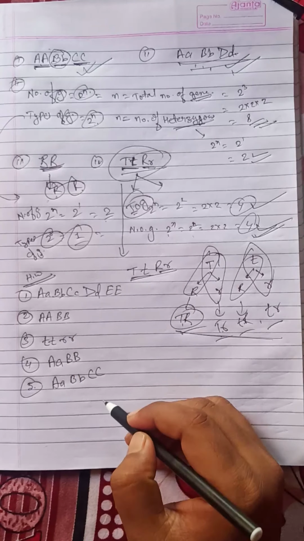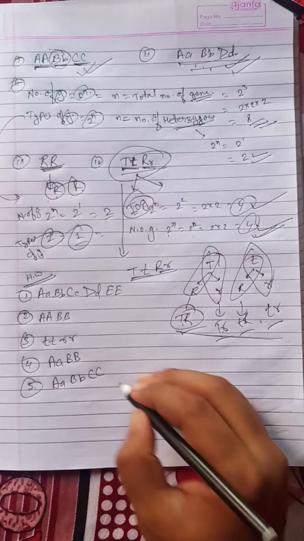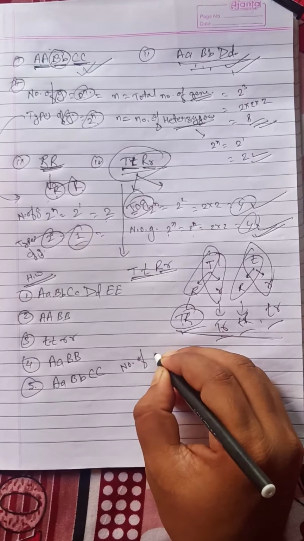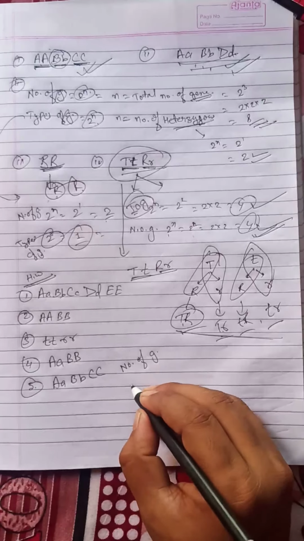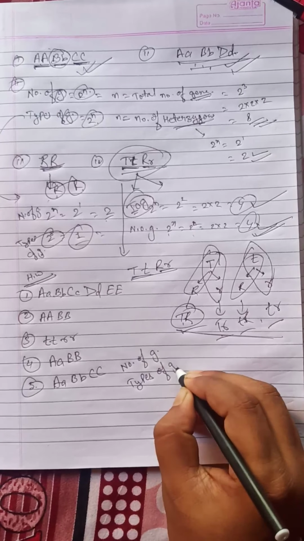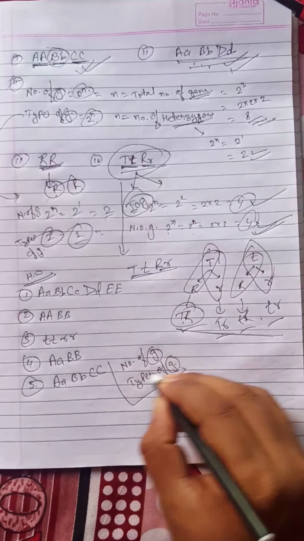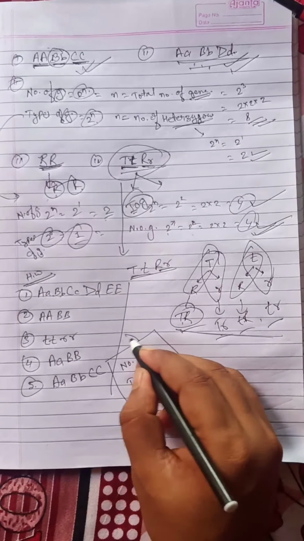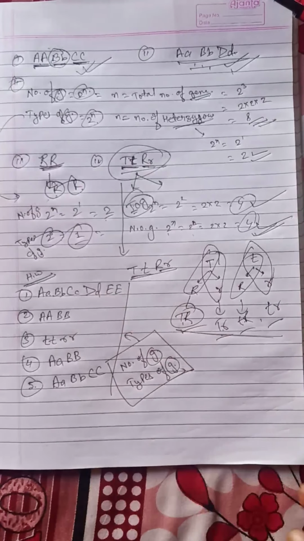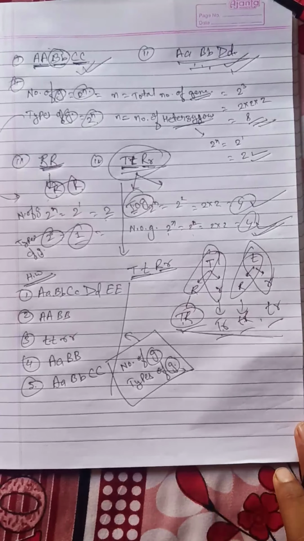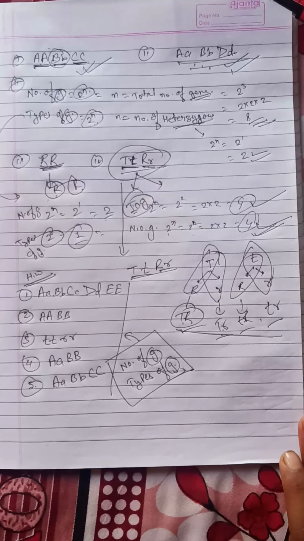This is the homework for you all. You have to find the number of gametes and types of gametes in all these questions. Is it okay? This is the practice question. You can try it at your home. Is it okay?